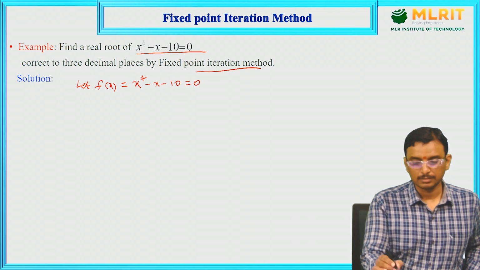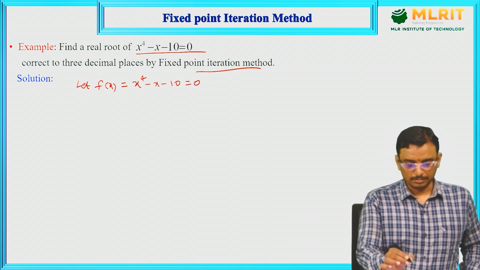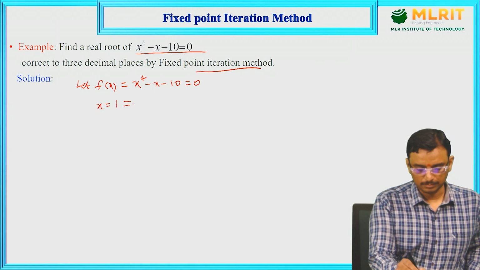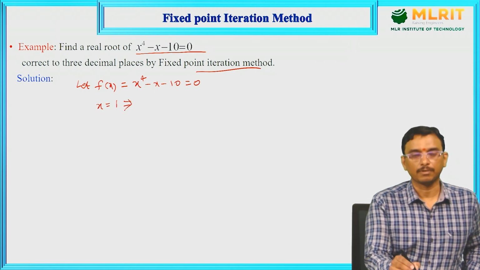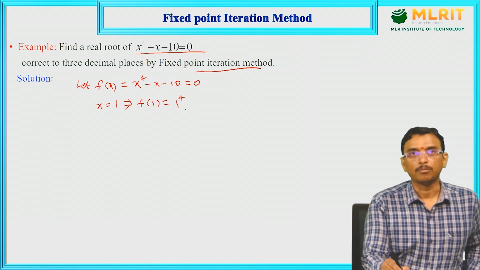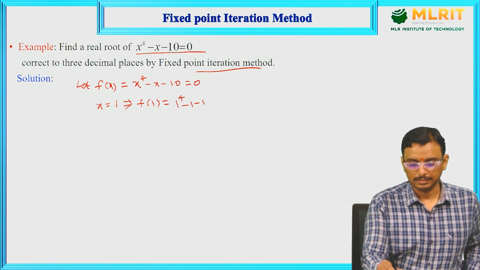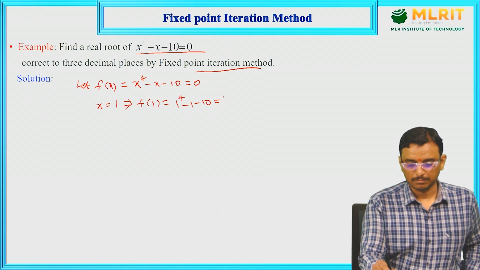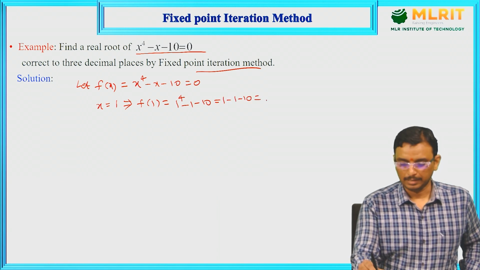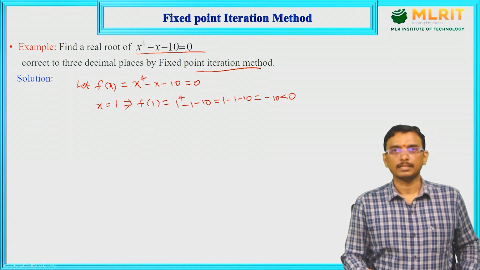We take the initial guess x is equal to 1. So f of 1 is equal to 1 power 4 minus 1 minus 10, which is equal to minus 10, less than 0. So the function value is less than 0.